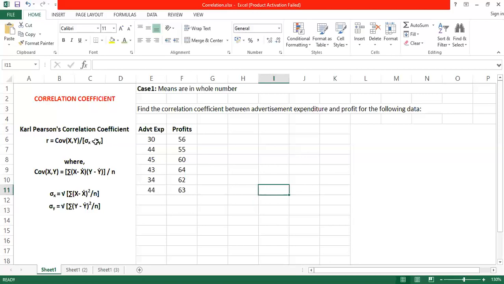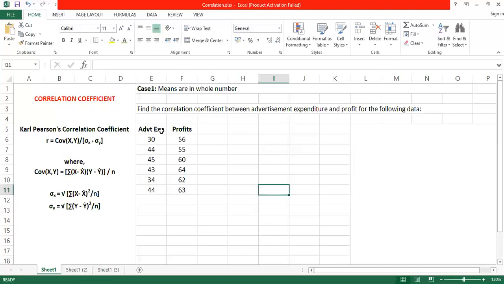We are not discussing here what is covariance or what is standard deviation. We are only discussing how to calculate correlation coefficient r. Fine. Whatever formulas are required to solve this, we have a list here.